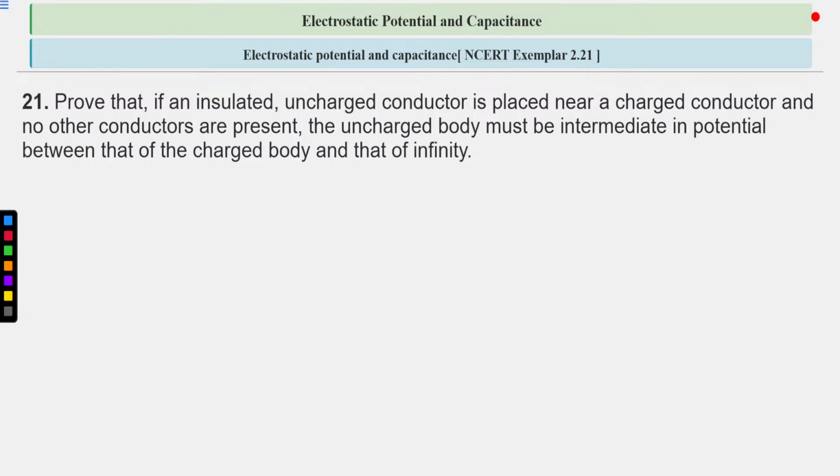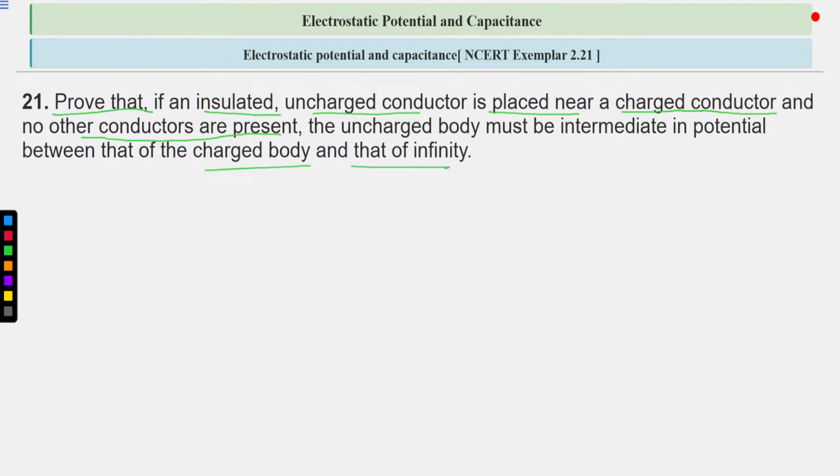What they are asking is that we have to prove that if an insulated uncharged conductor is placed near a charged conductor, which is placed anywhere in space, and no other conductors are present besides these two, the uncharged body must be intermediate in potential between that of the charged body and infinity.